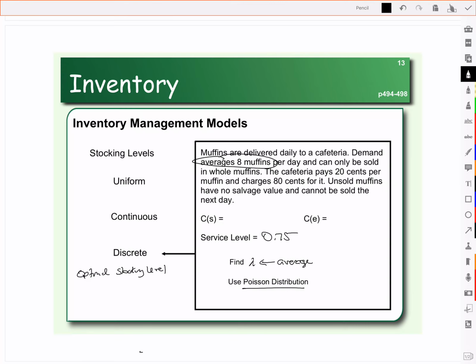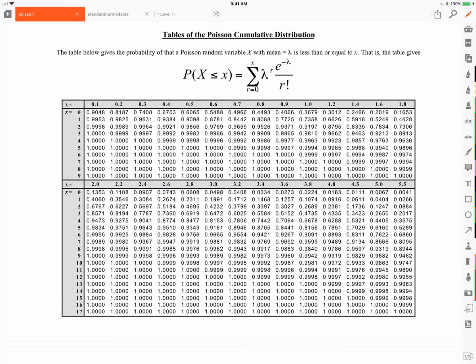Okay, so let's go to our Poisson distribution chart. So a Poisson distribution chart looks like this, and it really has 3 components to it. There's an x value along the left column here. There's lambdas across the top, and then we have our probabilities in the center.